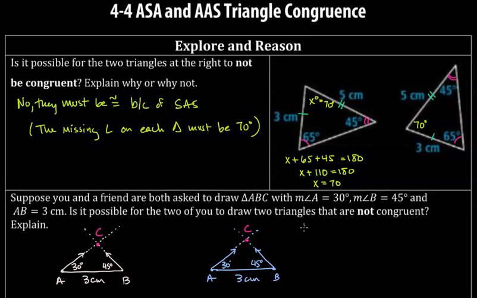So to answer my question, is it possible for the 2 triangles to not be congruent?